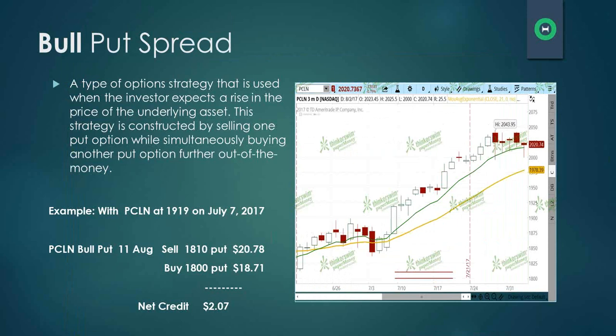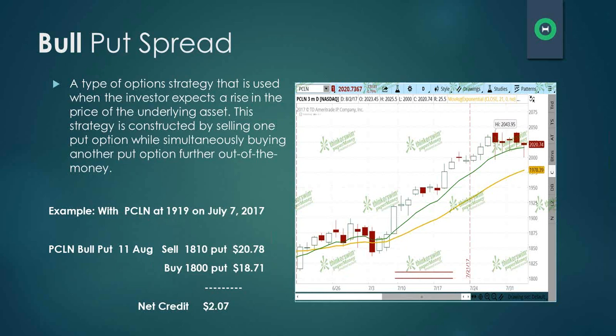Continuing on, graphically what we're looking at is, let's say that the price line was right around here. What we do is we go out of the money and we sell one, and in this case the price line was about 1920.